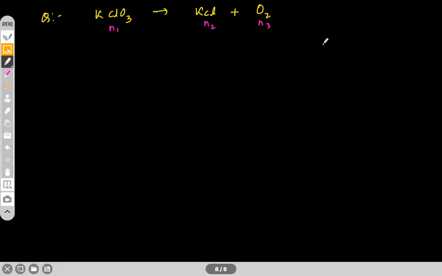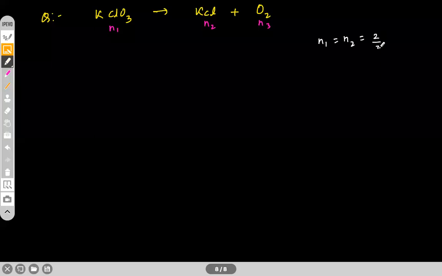Okay, Pradyun got this. N1 is equals to N2 is equals to 2 by 3 N3.